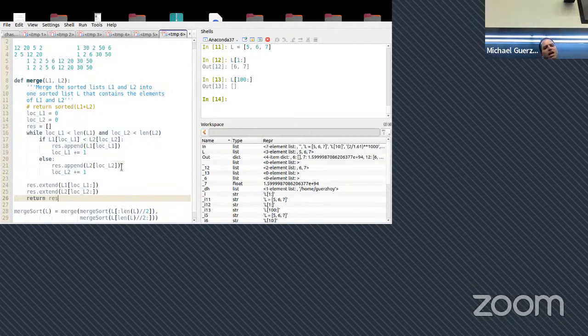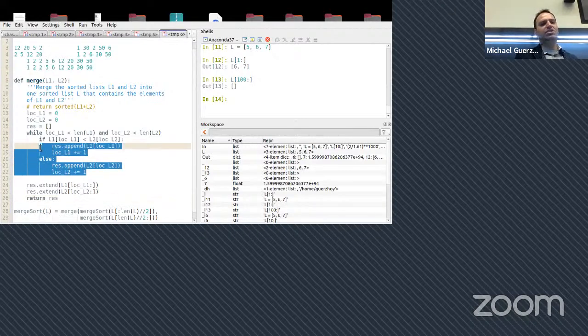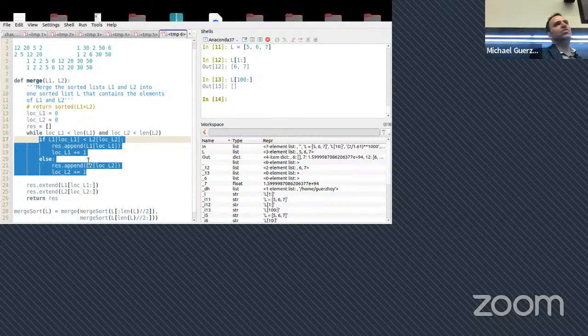So now the only question, well, not the only question, but the question is, okay, what's the runtime complexity of this? So here we can say, how many times does this loop run? Well, at most length of L1 plus length of L2 times, because we're inserting elements from L1 or L2. In fact, it's at most length L1 plus length L2 minus 1, because we're definitely not going to run out of elements from one of them.